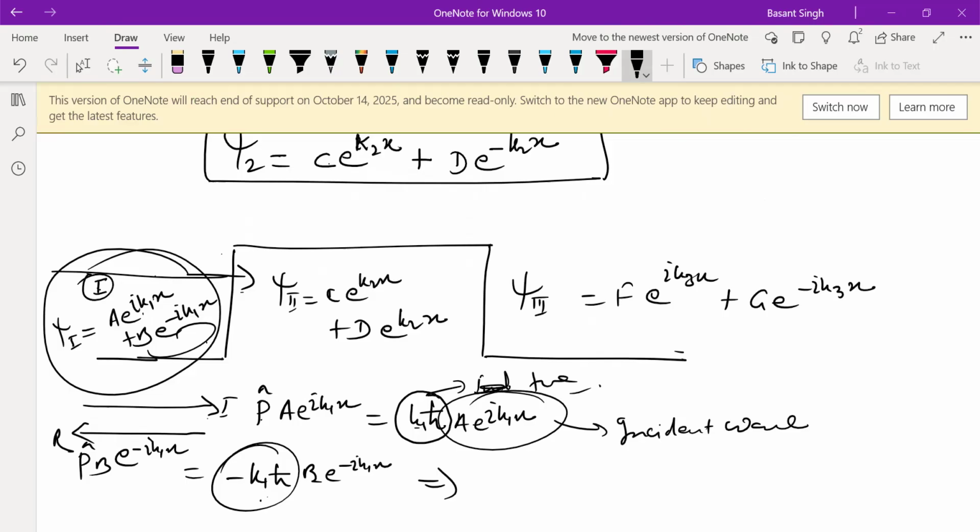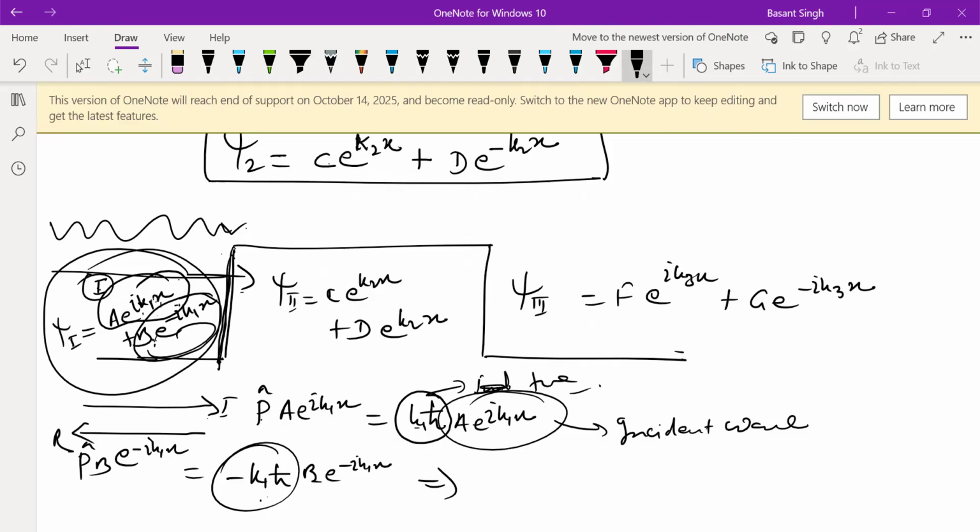So we see that this part, A e to the power i k1x, is the incident wave and this is the reflected wave, and by combining both, the wave function is oscillatory in the first region. Both are possible here physically, incident and reflected, because this is the boundary, so reflection is possible here.